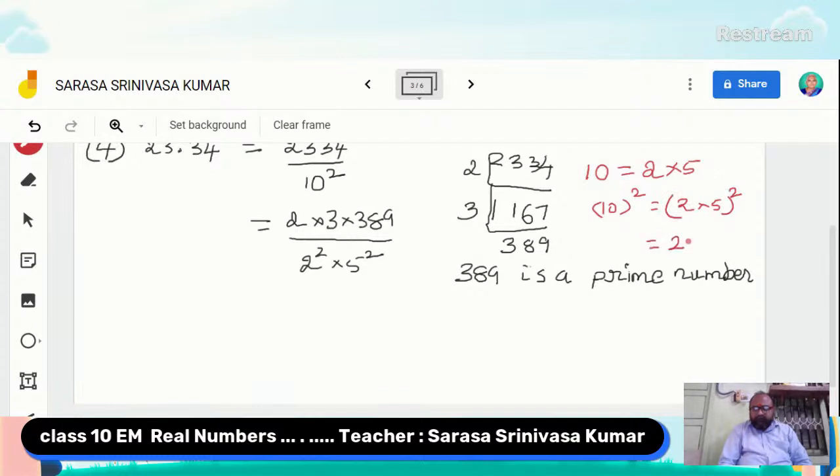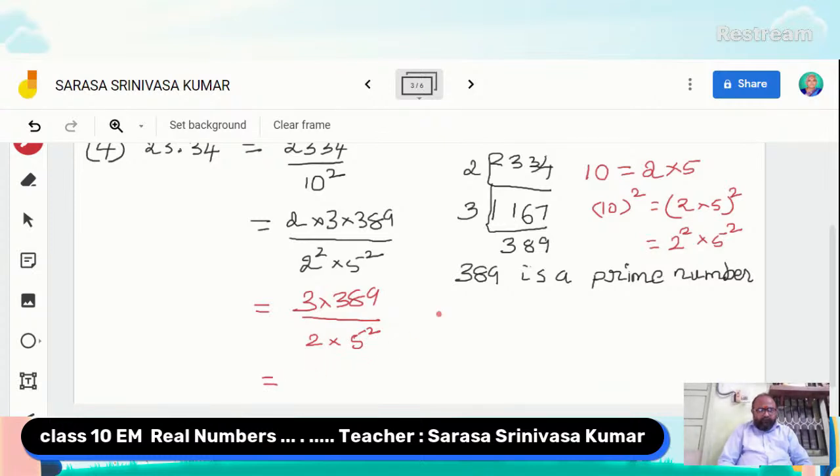This is equal to 2 square multiplied by 5 square. We have written this. So the answer is, on cancellation we get 3 multiplied by 389 divided by 2 multiplied by 5 square.